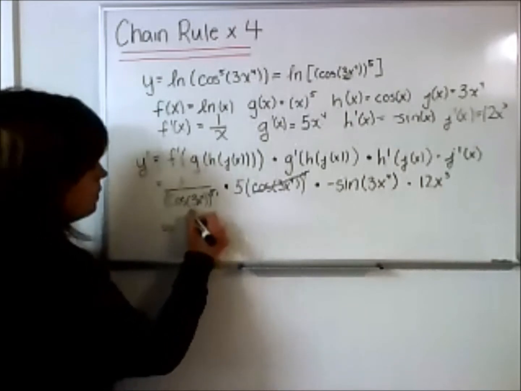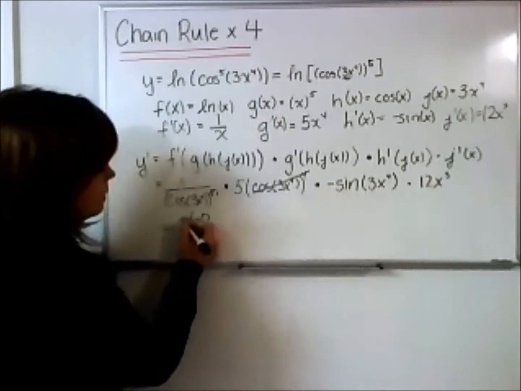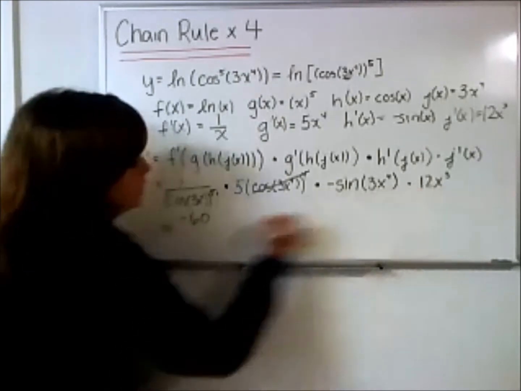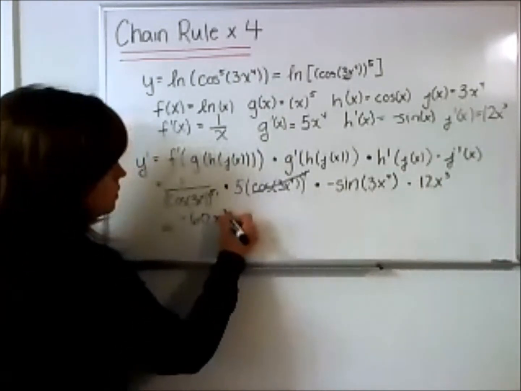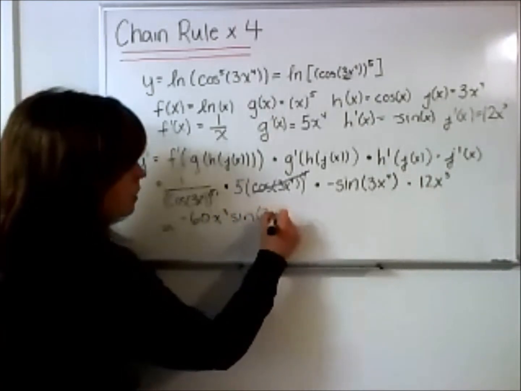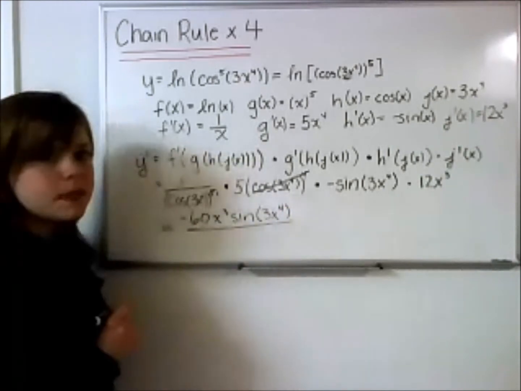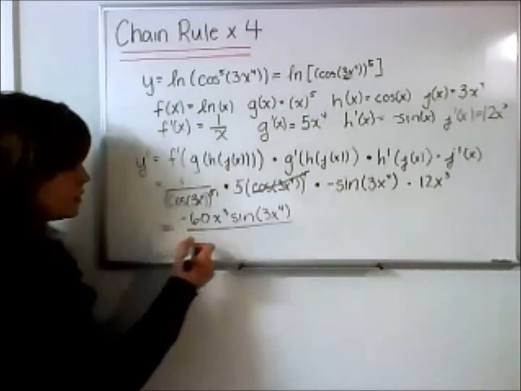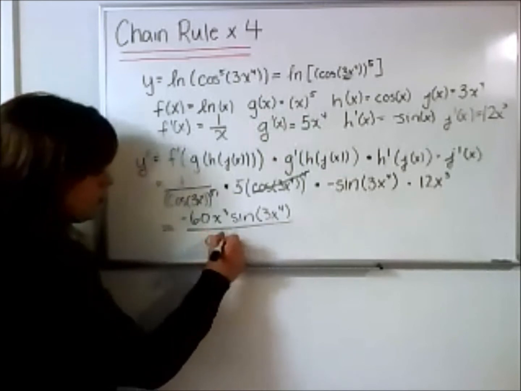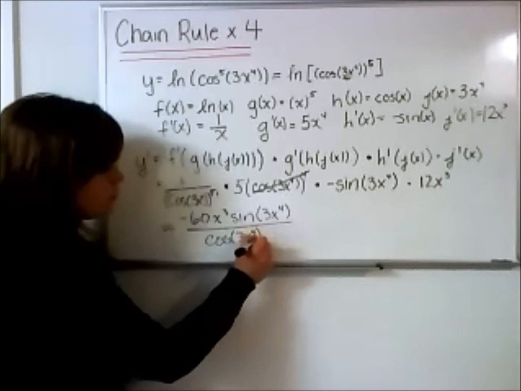So 5 times 12 is 60. There's a negative sign from here. We still have this x cubed and the sine of 3x to the 4th. Okay, and all over what is left in our denominator, cosine of 3x to the 4th.